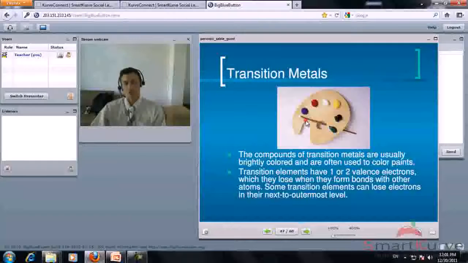Cadmium is a transition metal used to make red paint. Zinc, which you are probably familiar with, is often used to make white. Titanium is also used to make white. Cadmium, which is for red, in different compounds with different elements, can also make yellow. So many of these paints right here on this palette come from our transition metals.